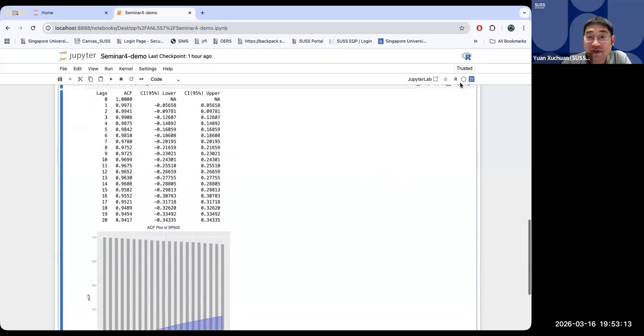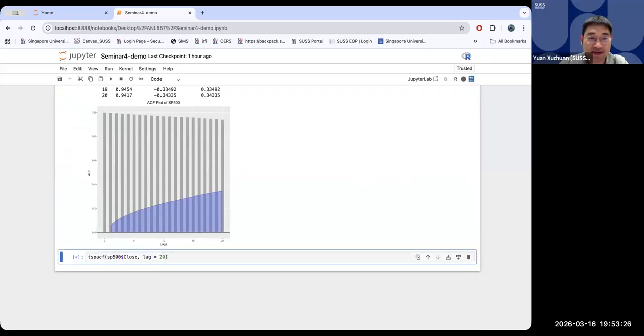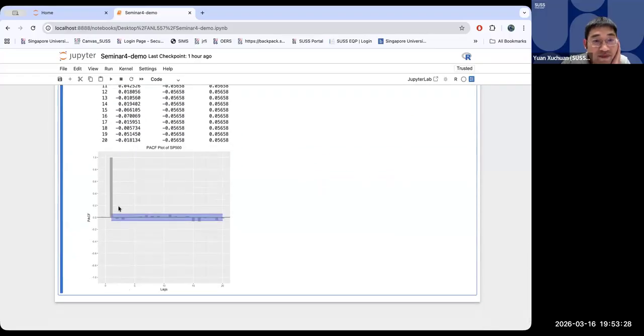If you want to look at the PACF for the SP500, maybe 20 lags, you can see that after lag 1, almost all the other PACFs are within 2 standard deviations, so they can be treated as zero, right?